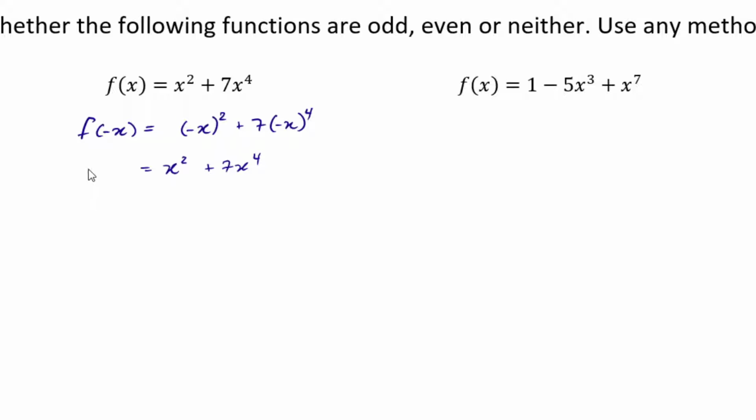All right, so f at negative x is equal to this expression right here, which matches the expression for f at x. So since f at negative x is equal to f at x, the function is even. Okay, we classify it as an even function.